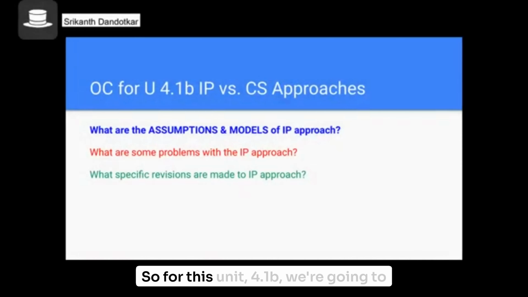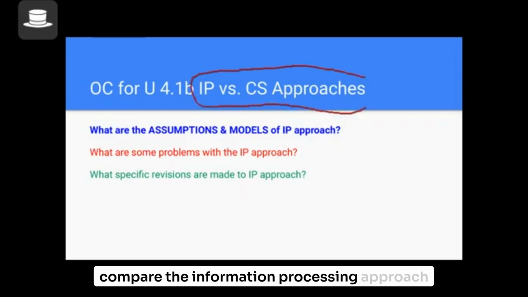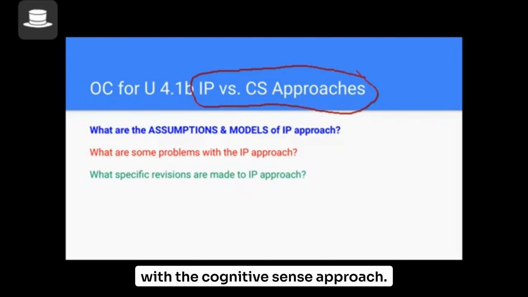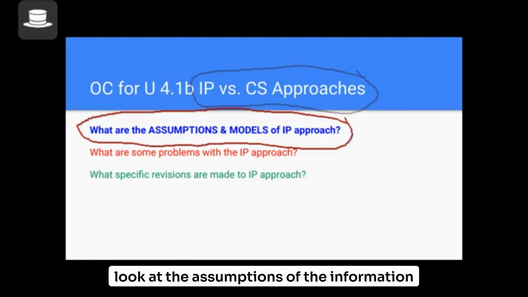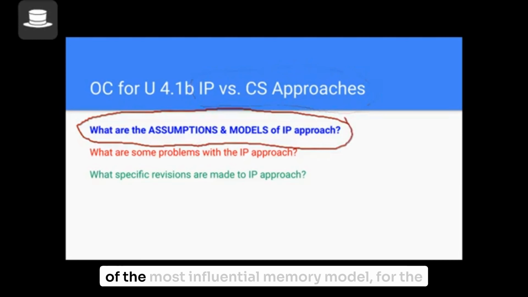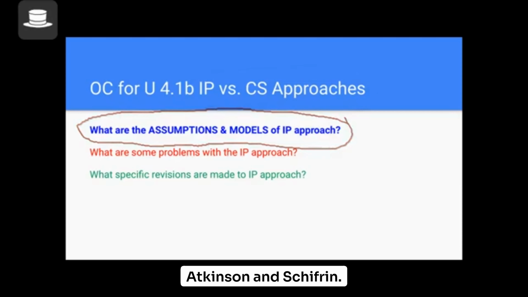So for this unit 4.1b, we're going to compare the information processing approach with the cognitive science approach. First, we'll look at the assumptions of the information processing approach. To that end, we'll look at one of the most influential memory models, provided by Atkinson and Shiffrin.